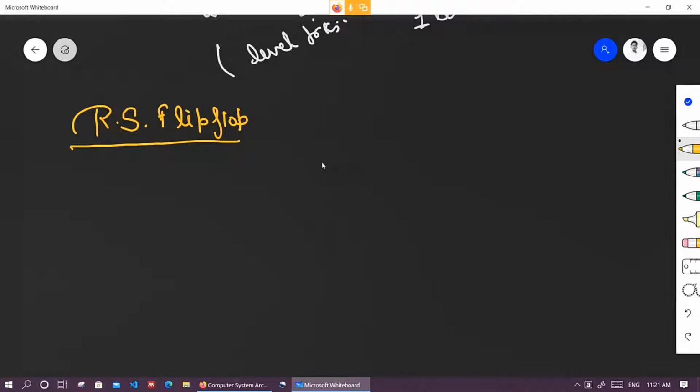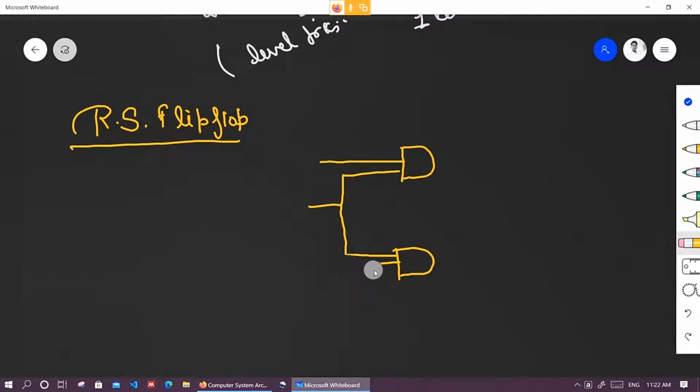So let's see the circuit. This is your R input, this is your S input, and this is your CLK, that is a clock.